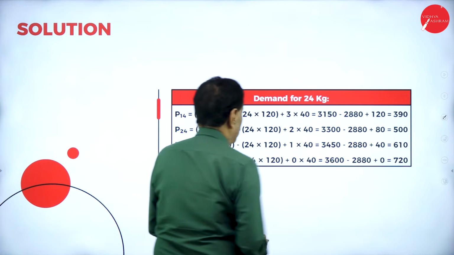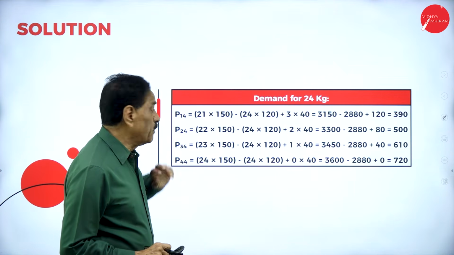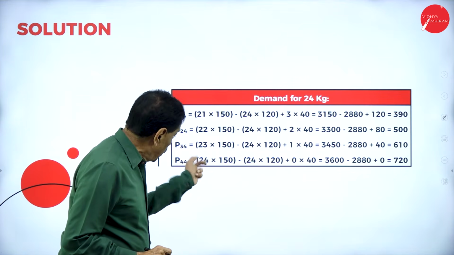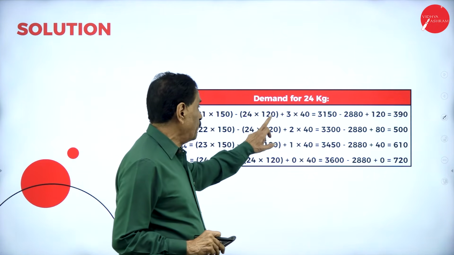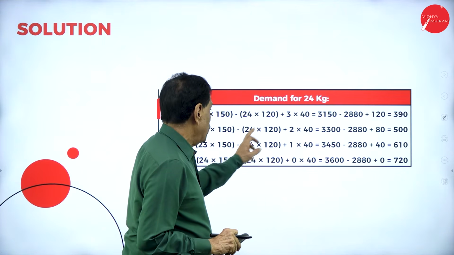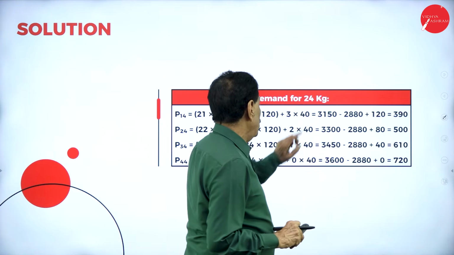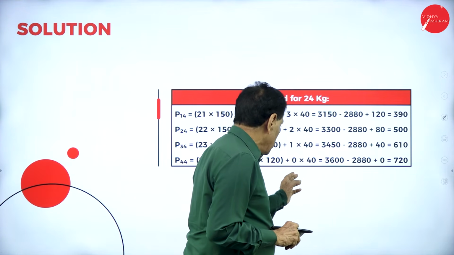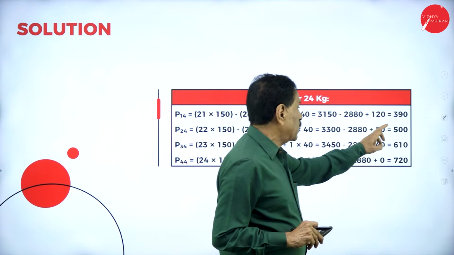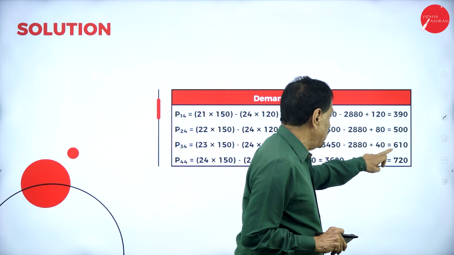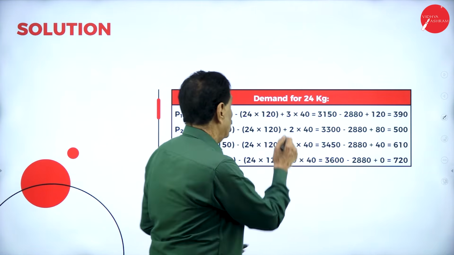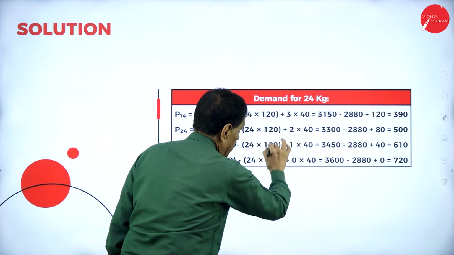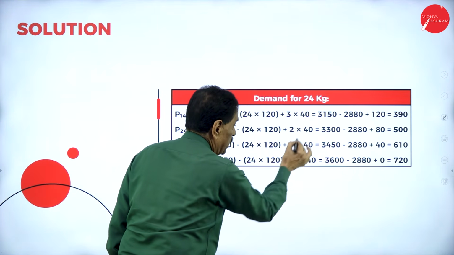When the demand is 24 kgs, 24 into 150 each time, less 24 into 120, plus 3 into 40, plus 2 into 40, plus 1 into 40, plus 0 into 40. It works out 390, 500, 610, 720.